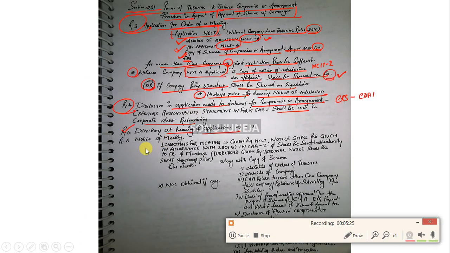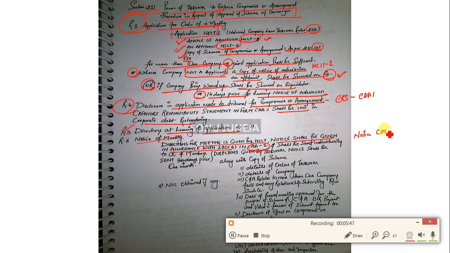Let's go back to the chart. Talking about the notice of the meeting. Direction for the meeting is to be given by the NCLT. Notice shall be given in accordance with section 230 subsection 3 in form CAA 2.